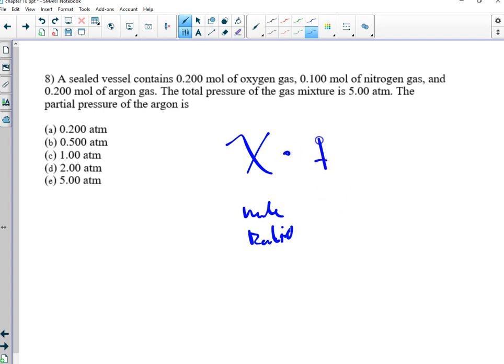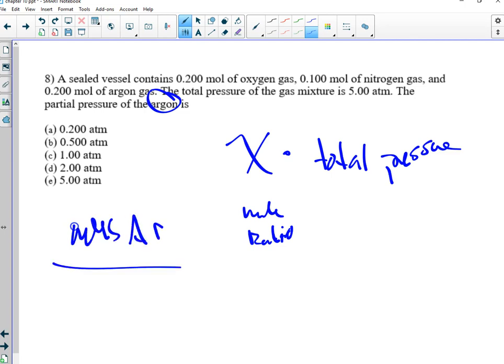All right? Let's see. Now, this one, I wouldn't do any of this, but I will do it this way to help explain the process. All right, so I'm looking for just argon, right? So the mole ratio means moles of argon divided by total moles. All right, so I take my moles of argon, which is 0.2, and how many total moles do I have? 0.5.